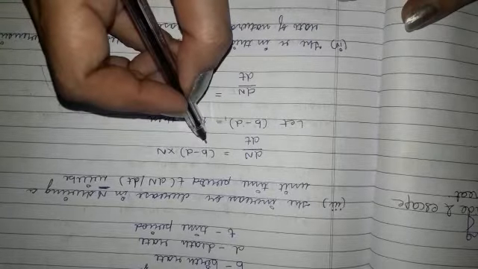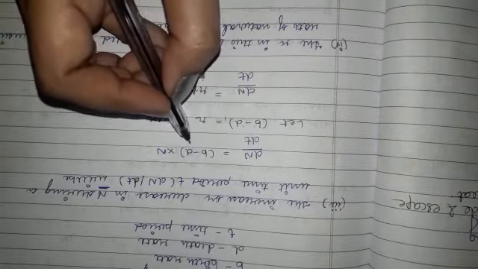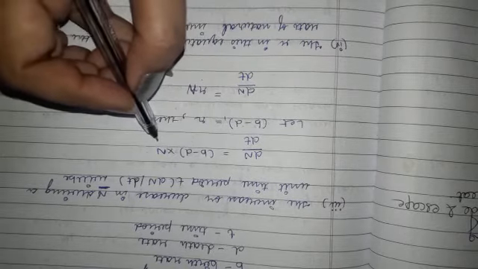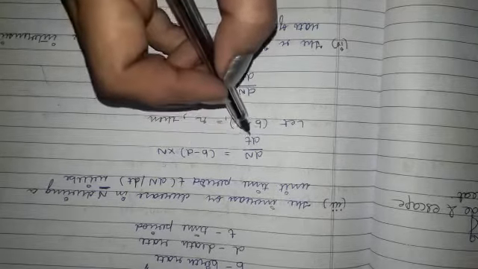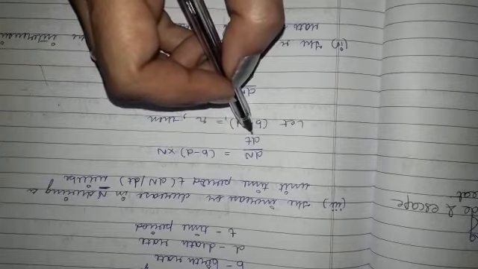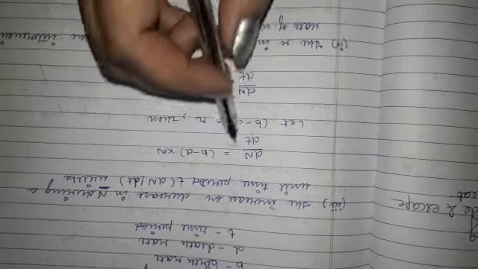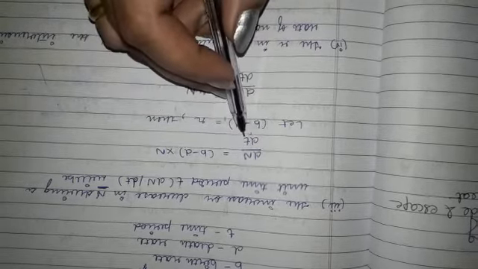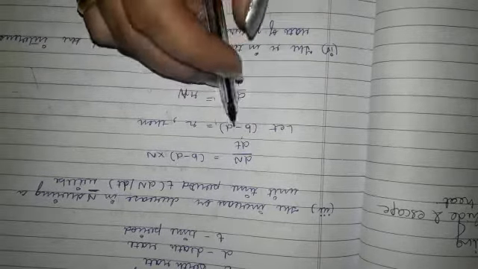Here b is the birth rate, d is the death rate, n is the population size. dn upon dt shows a change in population in a time period t.